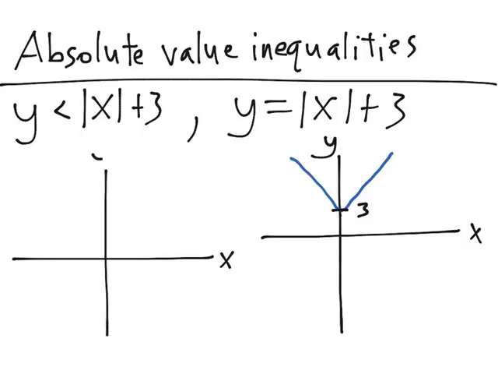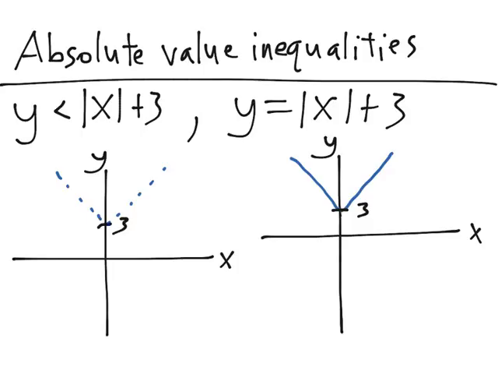If these are our axes, then we want to draw the boundary, but it should be a dashed line, like this, since we have a strictly less than sign instead of less than or equal to. Again, this point right here should be at y equals 3.